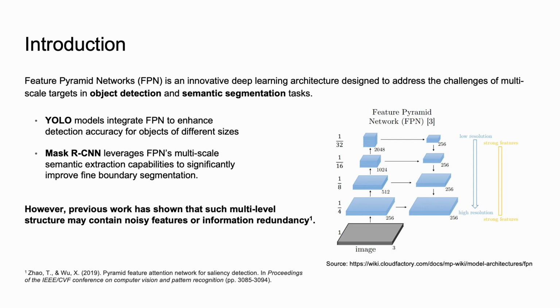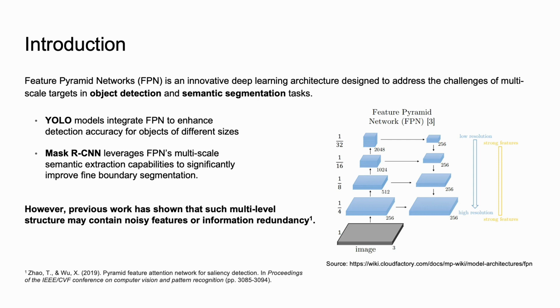Okay, so the Feature Pyramid Network, or FPN, is a widely used deep learning architecture designed to address the challenges of multi-scale targets in computer vision tasks like object detection or semantic segmentation. And recent models like the YOLO series or Mask R-CNN both leverage this technique to achieve better performance in multi-scale object detection or segmentation.